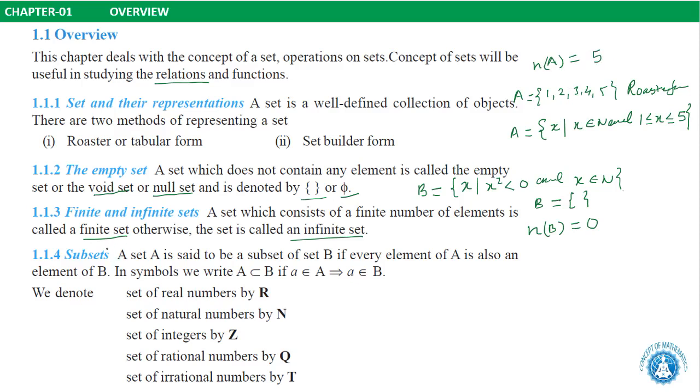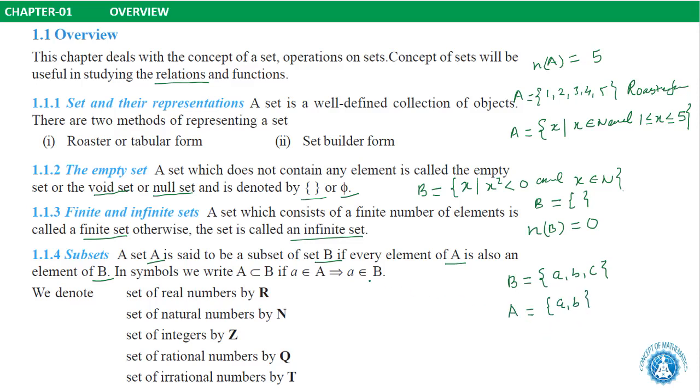Now what is a subset? A set A is said to be a subset of set B if every element of A is also an element of B. What does it mean? Suppose I have written a set B here with elements a, b and c, and another set A whose elements are a and b.